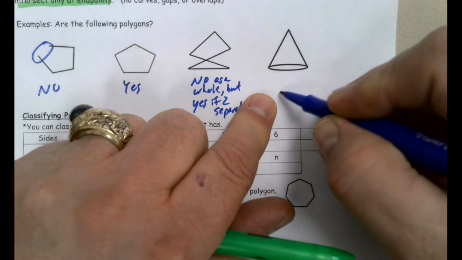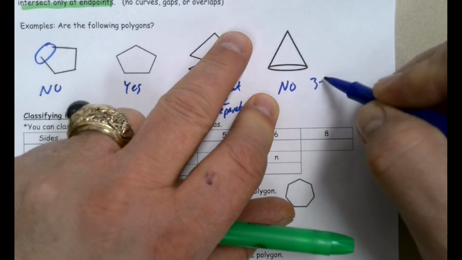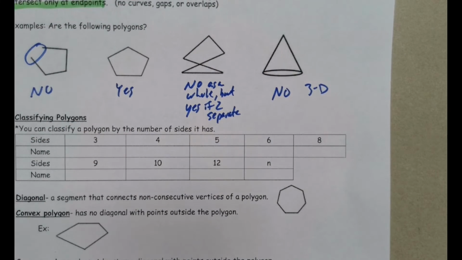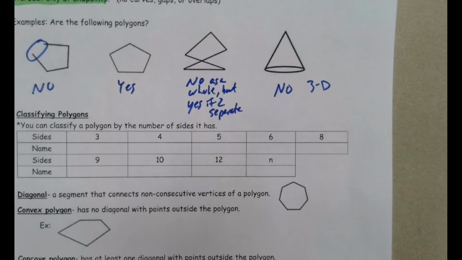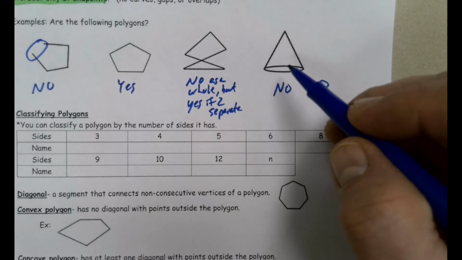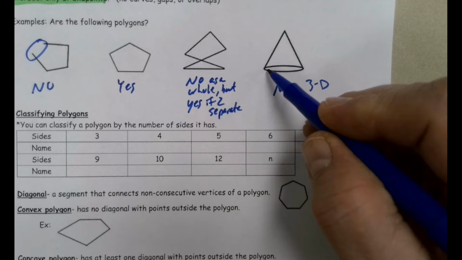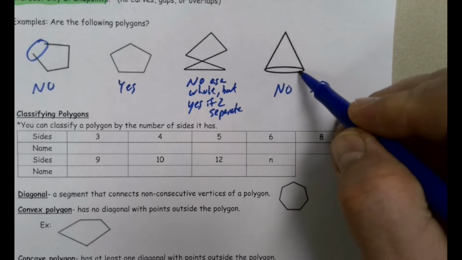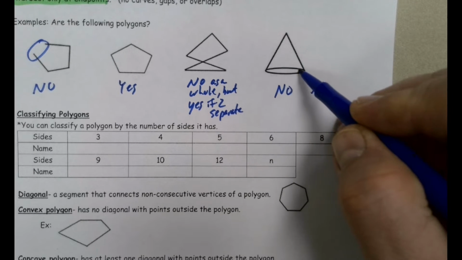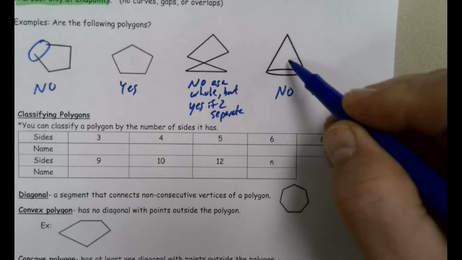Looks like a cone. If we don't look at that as three-dimensional, it looks like it's not a polygon because it looks like a kind of oval-y shape, and that curve right there keeps this from being a polygon also.